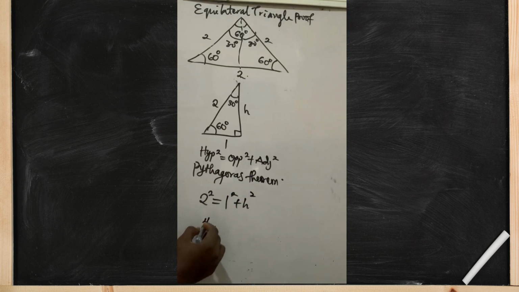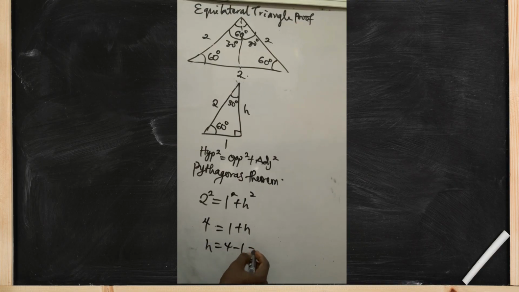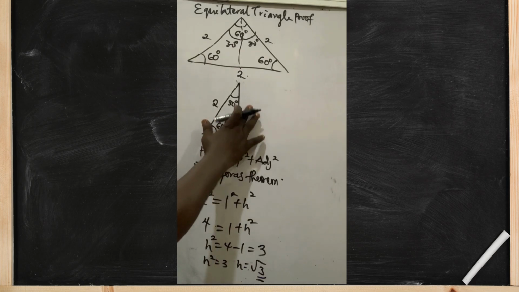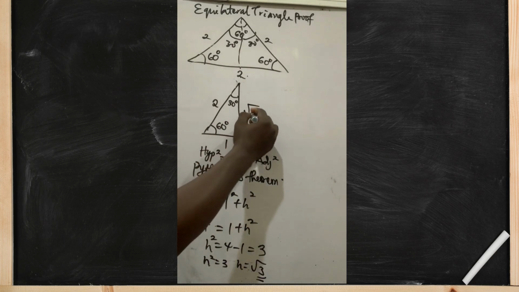So with this, we're having 4 equals 1 plus h squared, so h squared equals 4 minus 1, and that's 3. So now we're having h squared equals 3, then h equals square root of 3. With this square root of 3, we can easily replace this to be square root of 3.